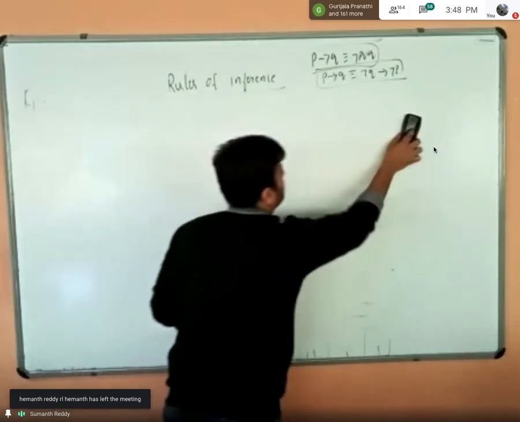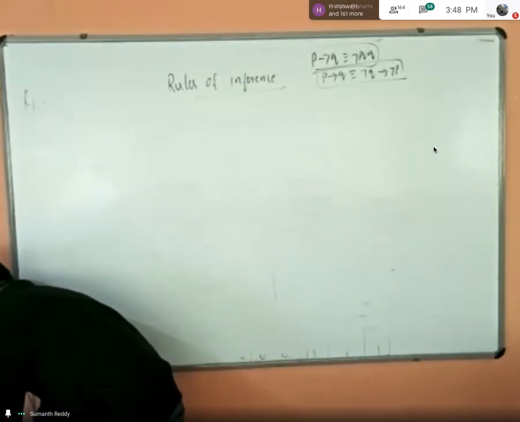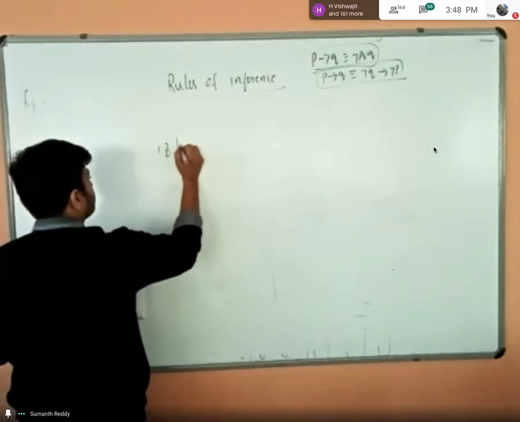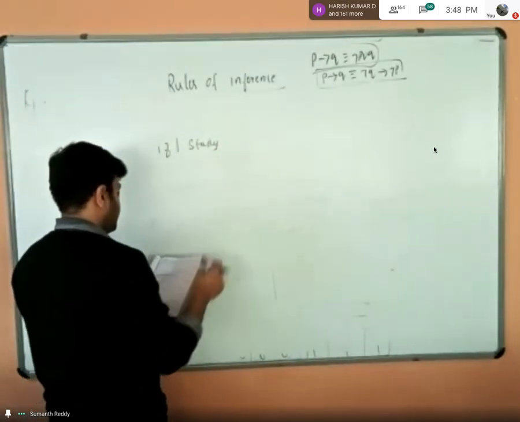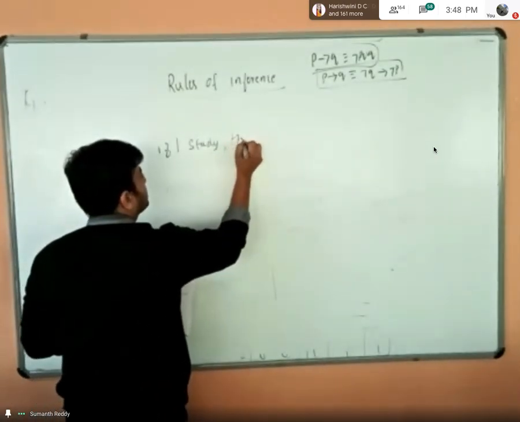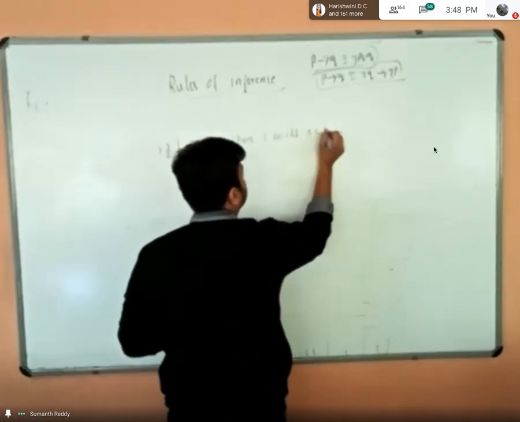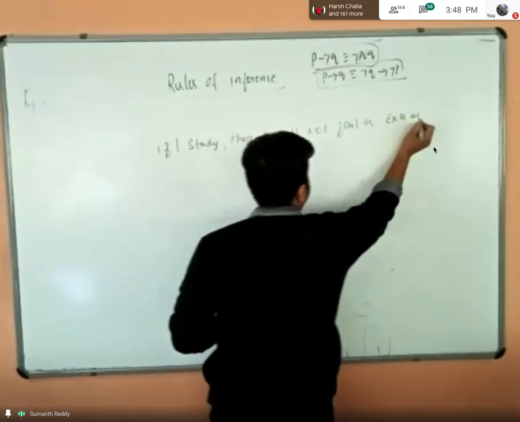Okay, so now I'll give you one problem. Let me see how many of you will solve this. The first premise is, if I study, then I will not fail in the exam.